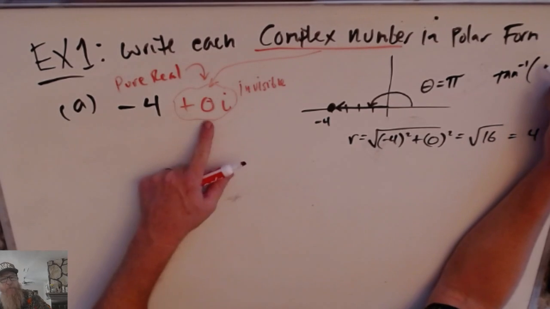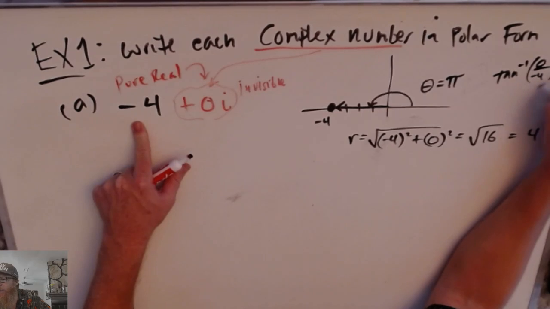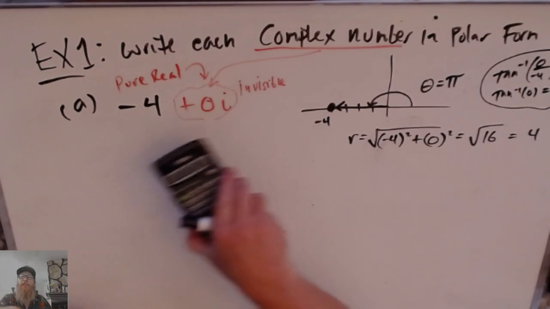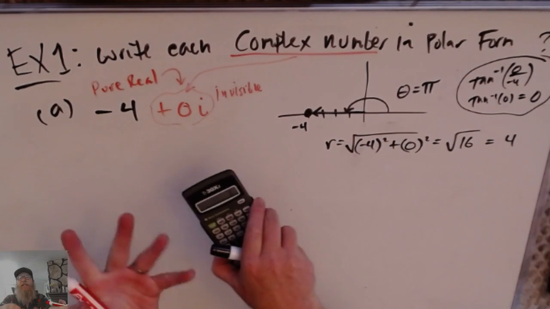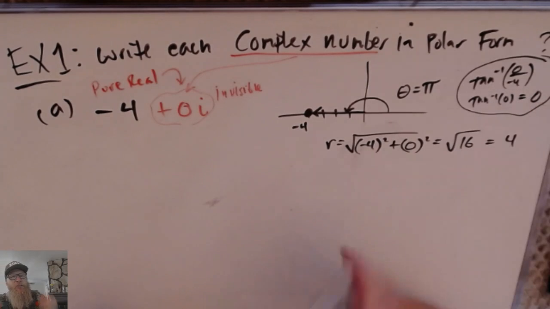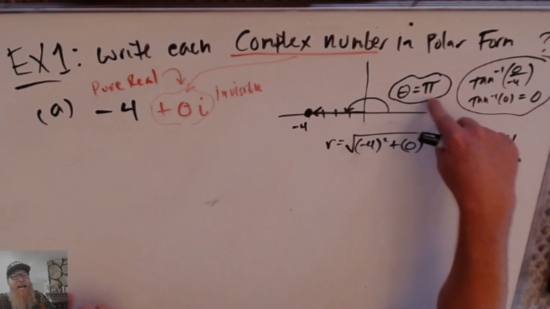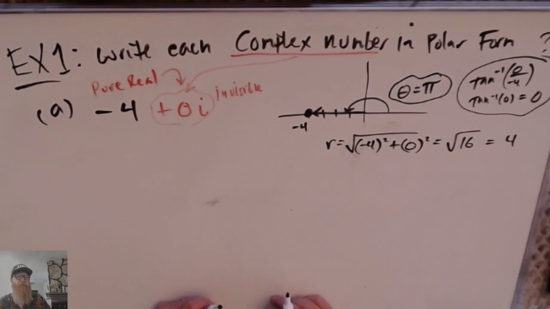It's b over a, so b is 0 and a is -4. You're going to get tan inverse of 0, and that would give you 0. So sometimes the calculator really misleads you. Remember, the tangent inverse function is restricted between -pi/2 and pi/2. So you would never get an angle of pi using the inverse function.